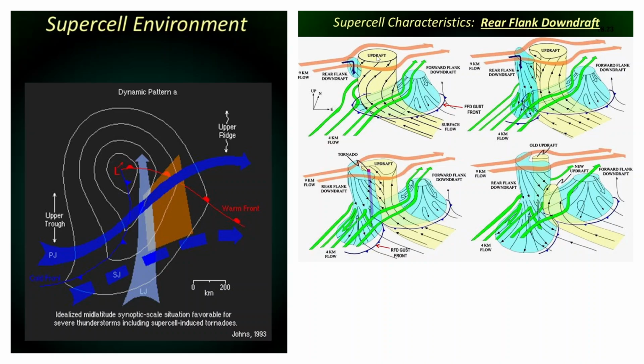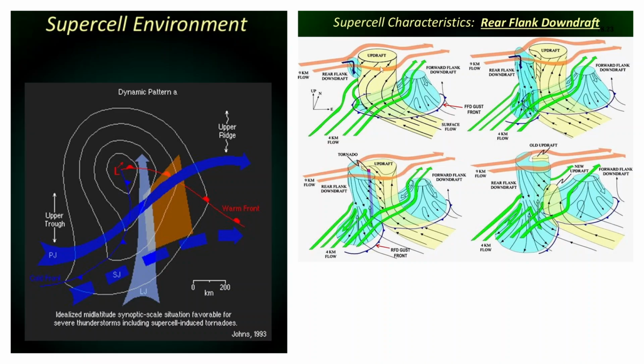Now, this is a cyclic supercell. A cyclic supercell is a supercellular thunderstorm that goes through a cycle. The rear flank downdraft begins to form as the updraft is intensifying. You've got that flow at 4 kilometers and then 9 kilometers, this way being north and east.